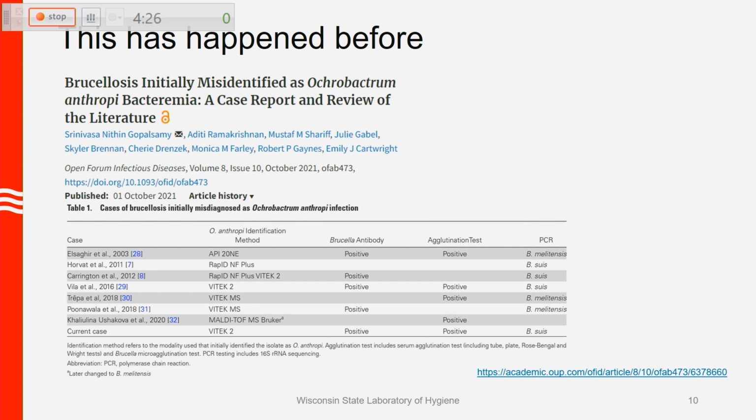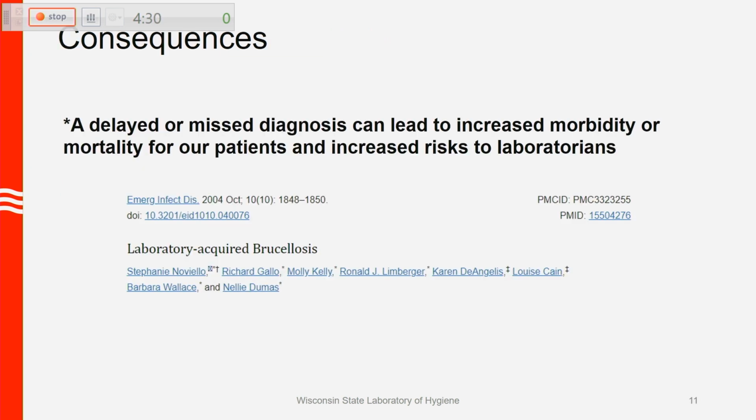So you think, how many other times has this actually happened? And worst of all, what are the consequences of missing that identification? A delayed or misdiagnosis can lead to increased morbidity and mortality for our patients and an increased risk to laboratorians. This publication below here is from a misidentification of a Brucella as an Ochrobactrum that led to a laboratory-acquired brucellosis.